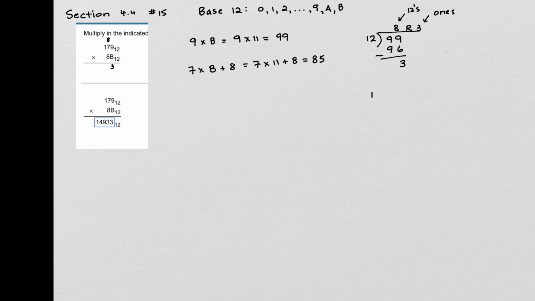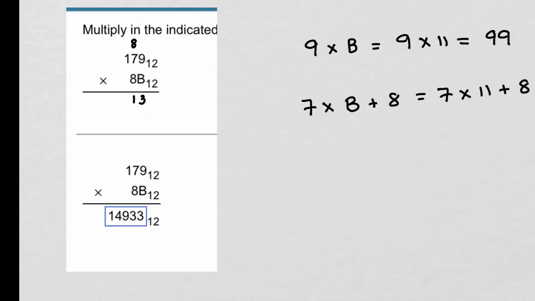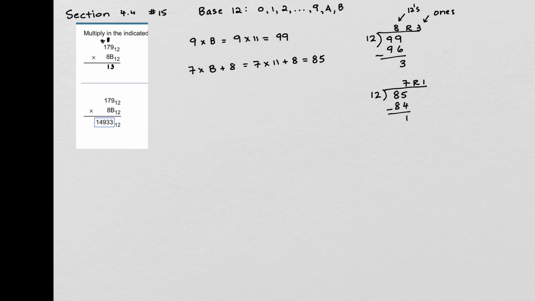And I need to convert that to base 12. So 12 goes into 85 7 times. And there's a remainder of 1. So again, I'm going to put the 1 here, and I'm going to carry over the 7. And then we have B times 1 plus 7, or 1 times B, whatever.